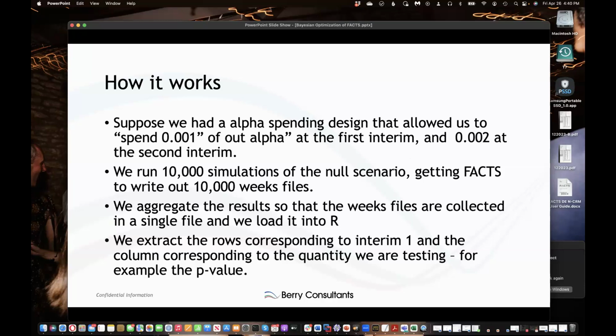We aggregate the results so that all the weeks files are collected into a single file, and we load that into R. And then from that large data frame, we extract the rows that correspond to interim 1, because these weeks files have a row per interim, and we have a weeks file per simulation. So we extract the rows corresponding to interim 1 for the scenario we're interested in, in this case the null. And we want to extract the column of the corresponding quantity we're interested in, for instance, a p-value.